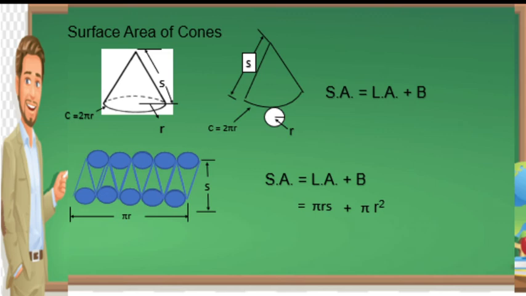So again, the formula for the surface area is the lateral area, pi r s, or pi times the radius times the slant height, plus the area of the base, which is equal to pi r squared. So that is for the circle.